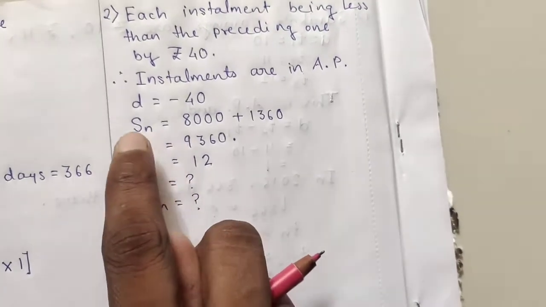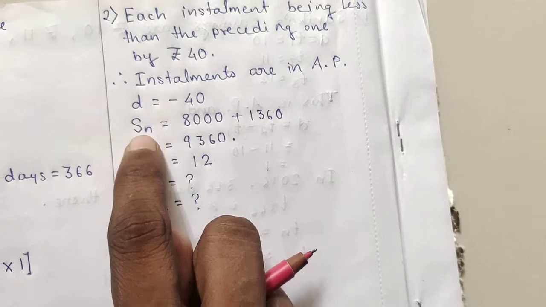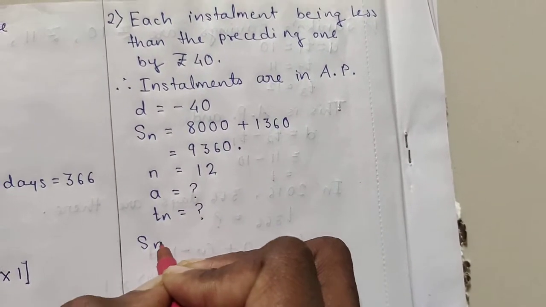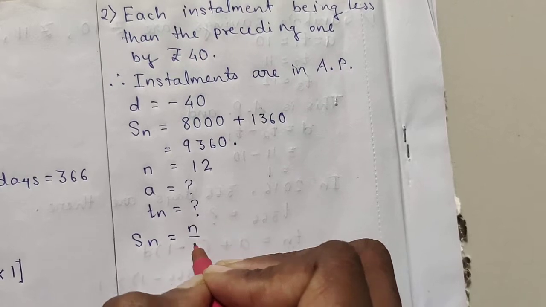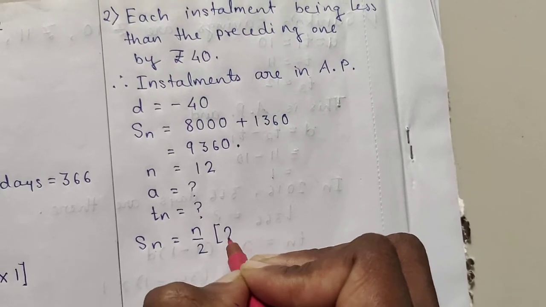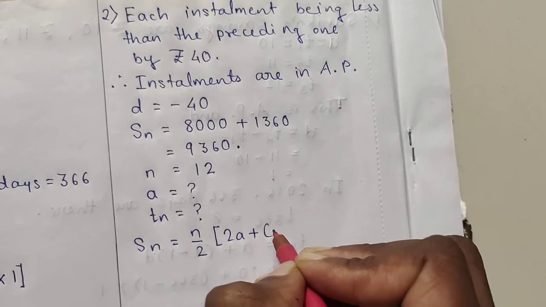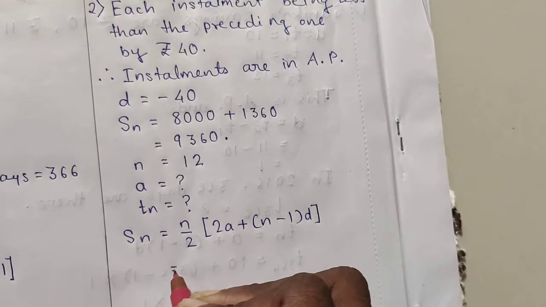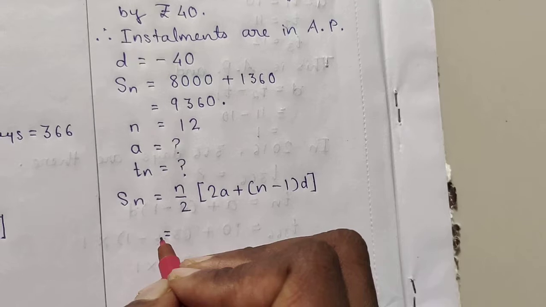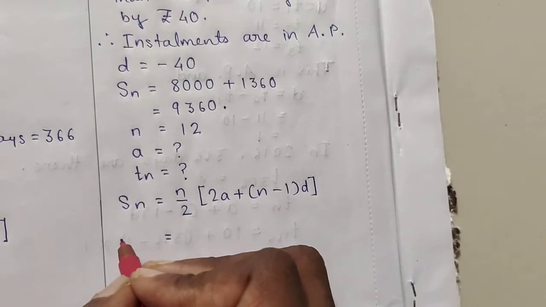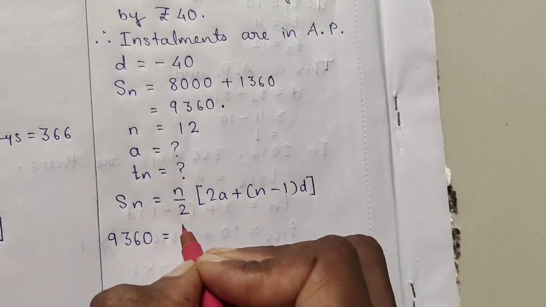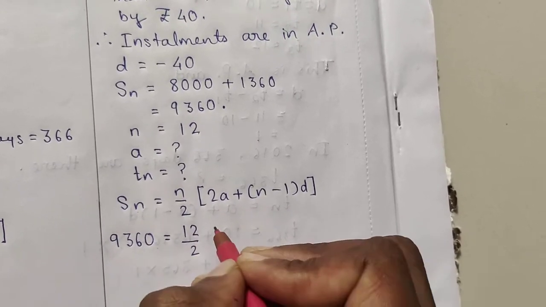Now, since we know SN and we know D, we are going to use this formula of SN. What is the formula of SN? N upon 2 bracket 2A plus bracket N minus 1 into D. Now we are going to replace whatever we know. First, SN we know: 9360. Then we know the N value: 12.